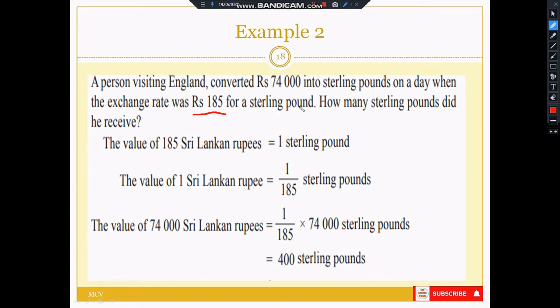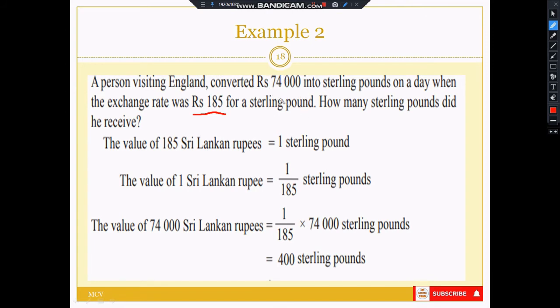So how many sterling pounds did he receive? He has 74,000 rupees. 185 rupees is equal to 1 sterling pound.